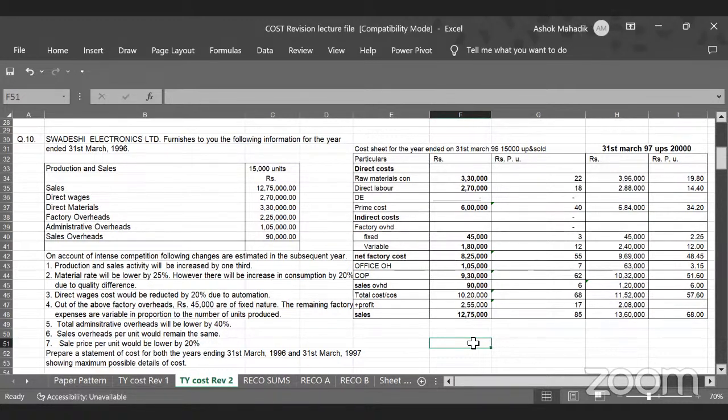So 18 minus 20%, that is minus 3.6. So we get 14.40 into 20,000 units, so you get 2,88,000. There is no direct expense. So now you get prime cost 684,000. Per unit we have 34.20.